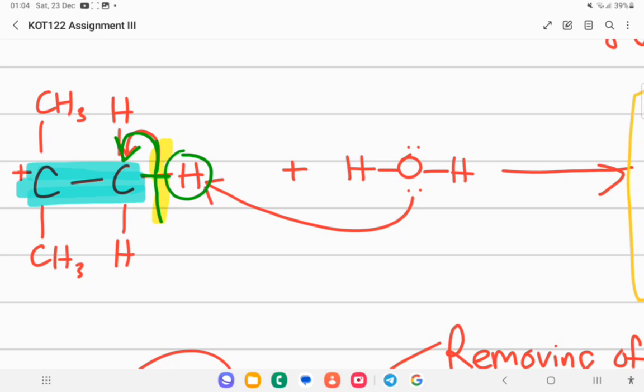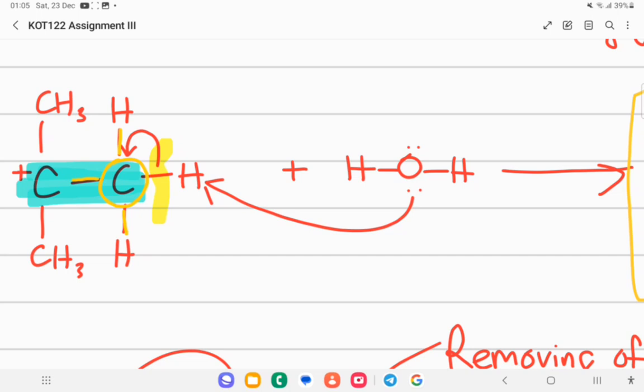Once this hydrogen atom is taken by the oxygen atom, this carbon atom now only has 1, 2, 3 bonds, so it also does not have enough bonding. It is now sp2 hybridized.